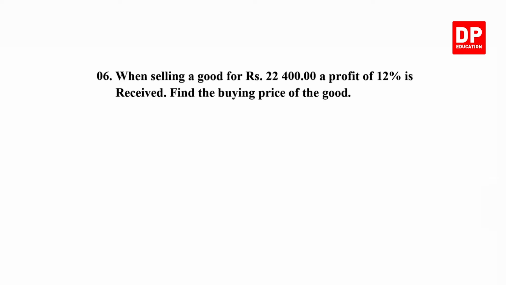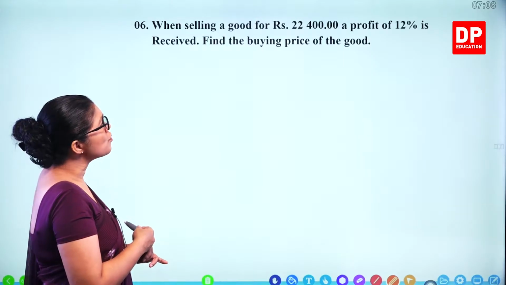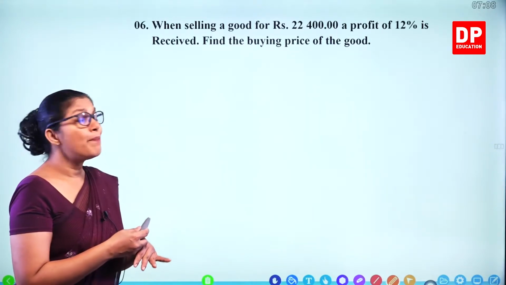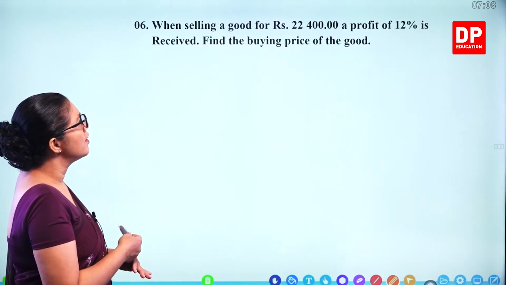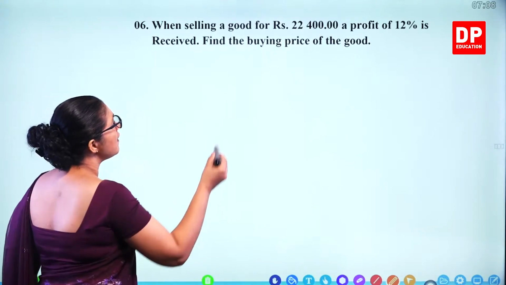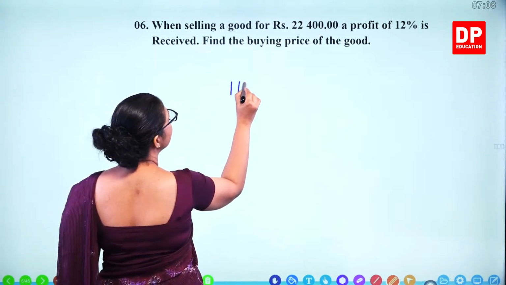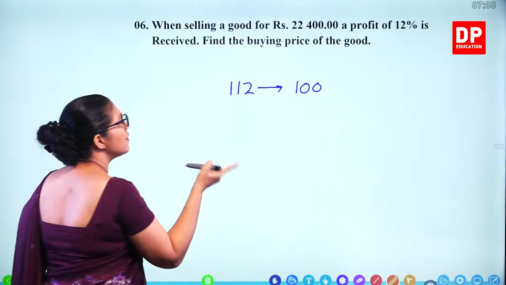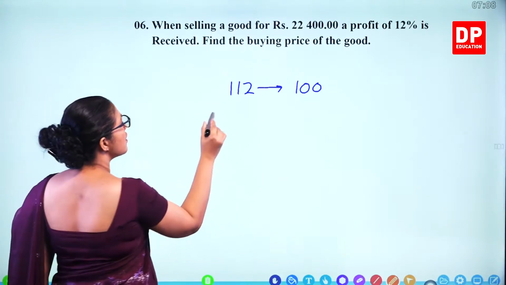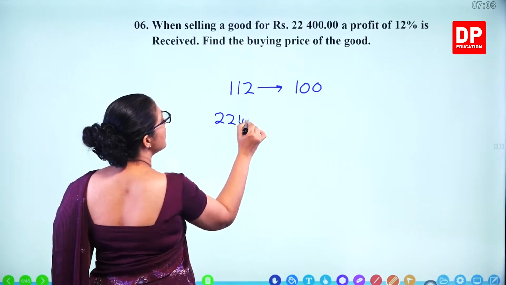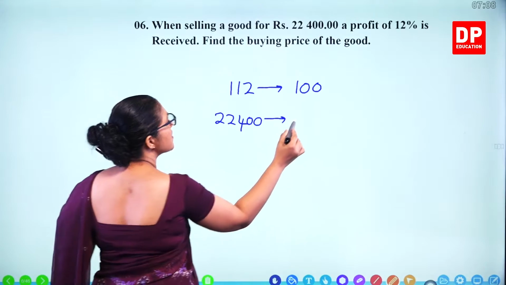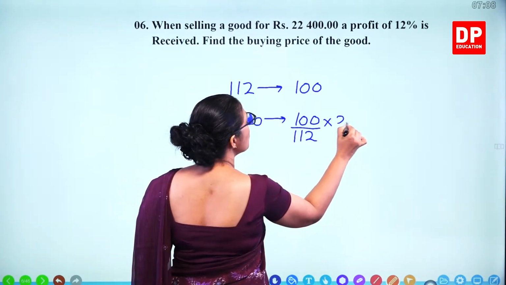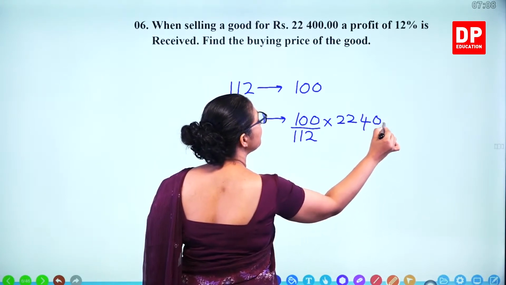Question number 6. When selling a good for 22,400, a profit of 12% is received. Find the buying price of the good. That means if the selling price is 112, you bought it for 100. So the other way around: if it's 22,400, what's the buying price? 100 divided by 112 into 22,400.